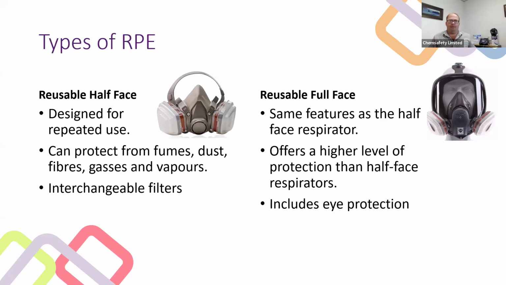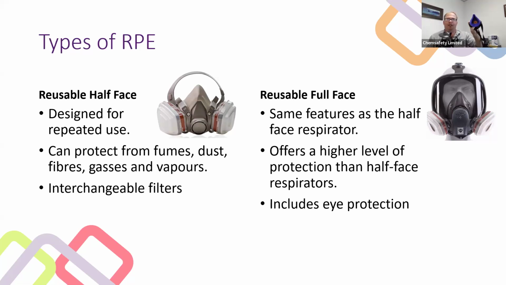Then we have reusable full face protection. So something along the lines of this respirator here. And compared to the half face respirator, it has very similar features in terms of interchangeable filters, but it also provides eye protection and a higher level of respiratory protection because it has a greater sealing surface.